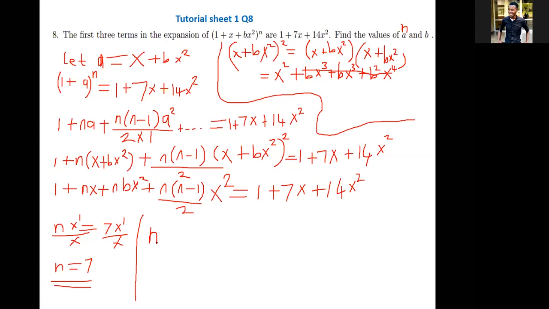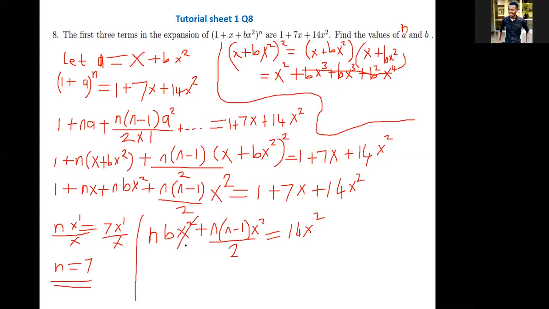So I'm going to have nb x squared plus, then plus we're going to have n minus 1, n minus 1, and then x squared as well, and then over 2, and then I'll equate these to 14x squared.